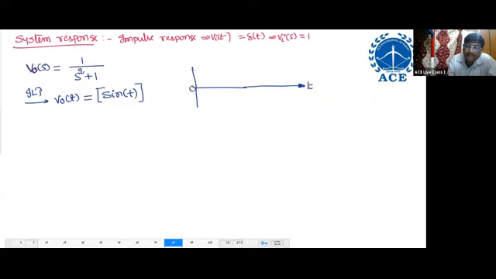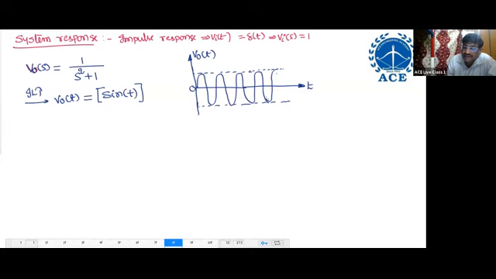V naught of t is a sinusoidal oscillation, like this.